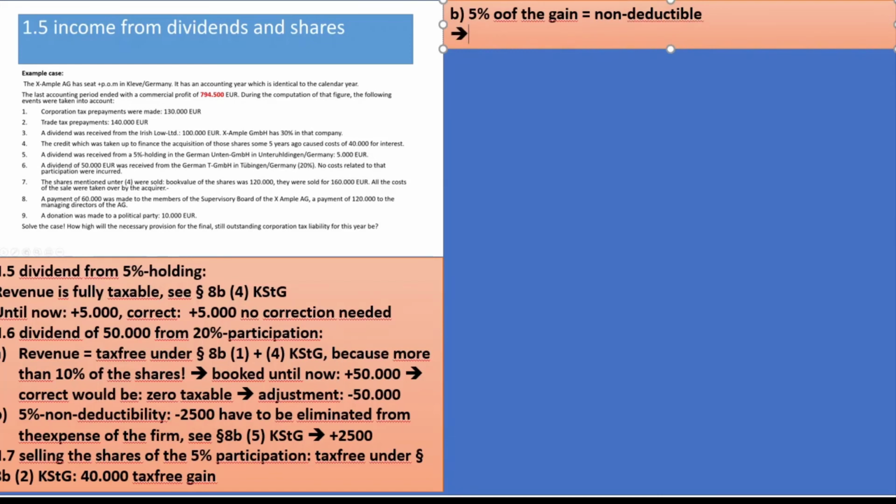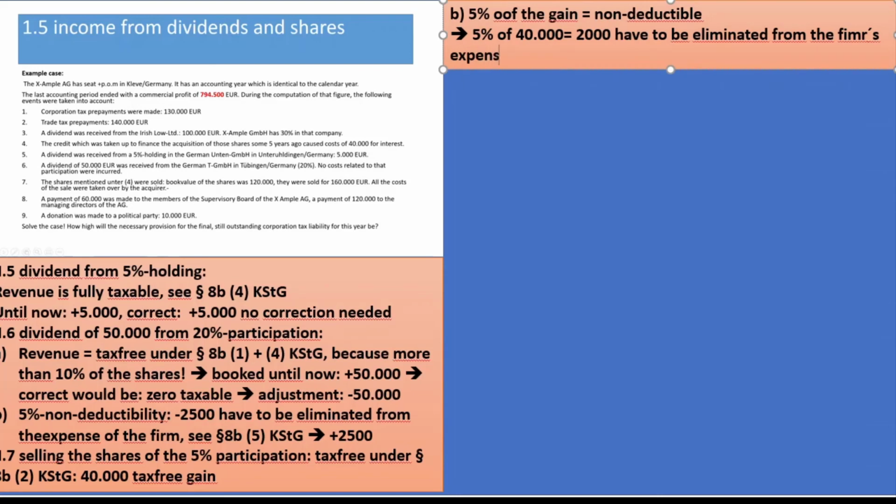And that means 5% of 40,000, that is 2,000, have to be eliminated from the firm's expense. And that can be done by adding plus 2,000.